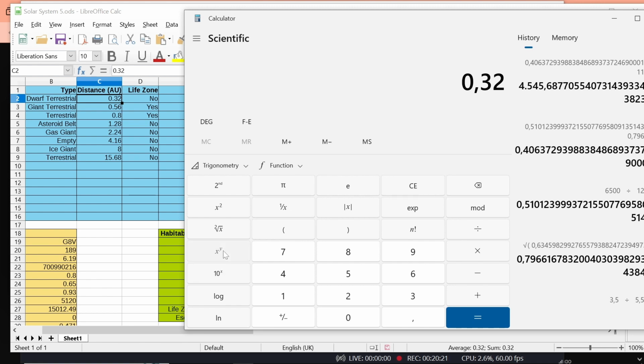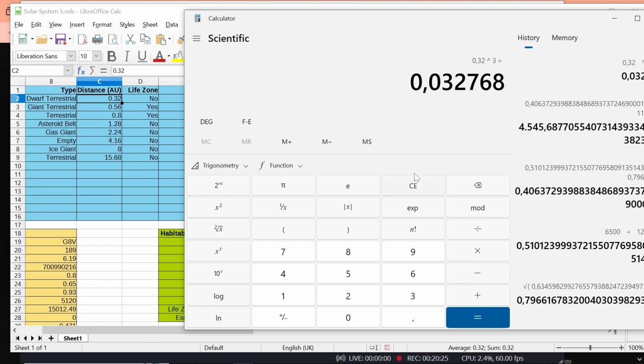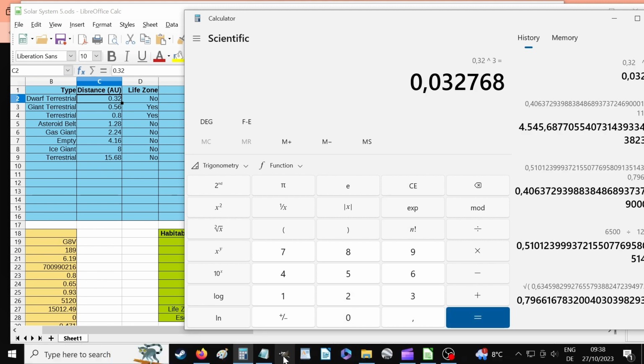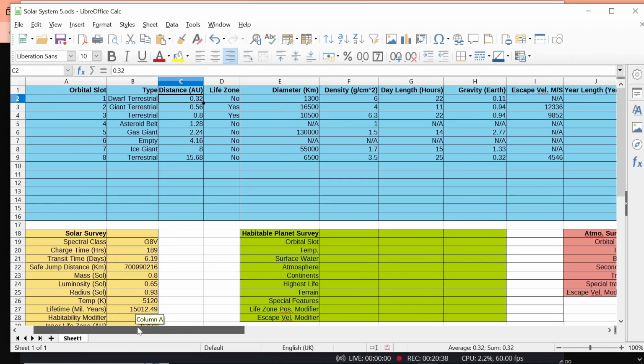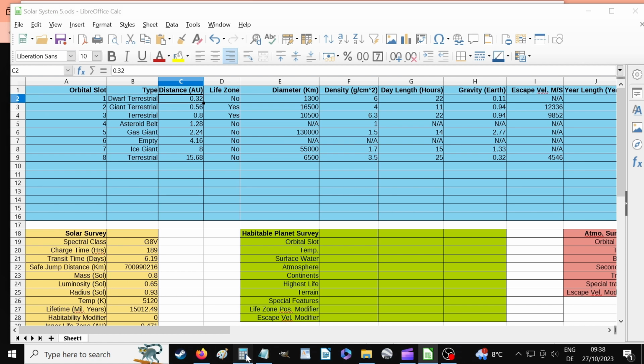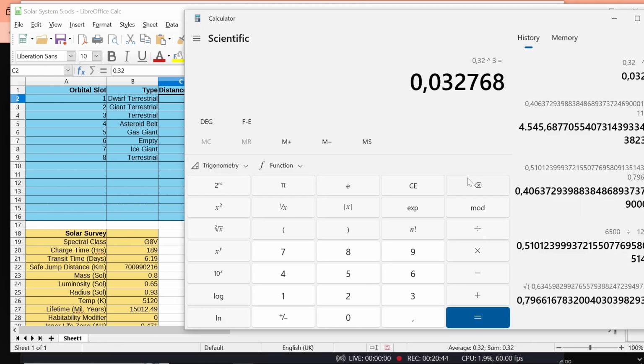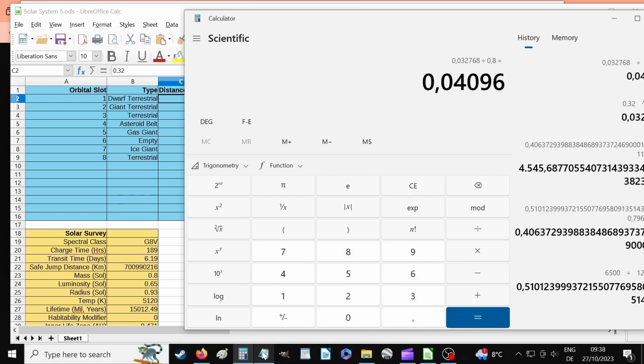And we cube that to the power of 3. That's what it said to do. Right here. We're going to take that and divide that by the mass. The mass, again, is recorded down here. Mine's 0.08. So our answer, we're going to divide it by the mass, 0.08. Right?